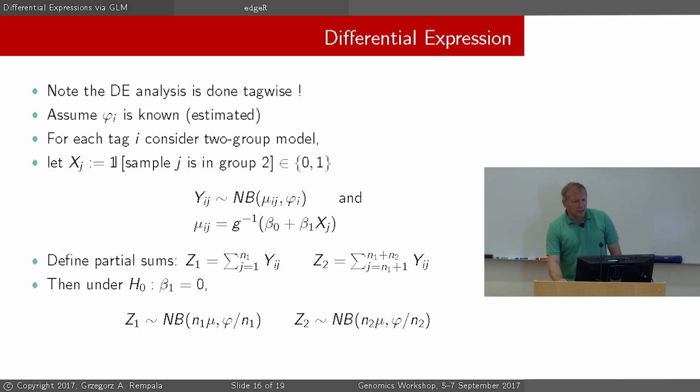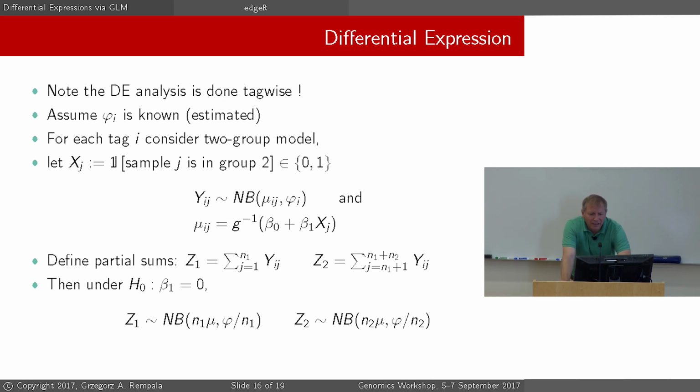I would code it in such a way that I have this covariate X, which says you are either in group 1 or you are not. If you're not in group 1, you get a 0. If you are in group 1, you get a 1. That's what this writing means. This is called an indicator function. It's a 1 whenever the statement in the brackets is true, and it's 0 otherwise.